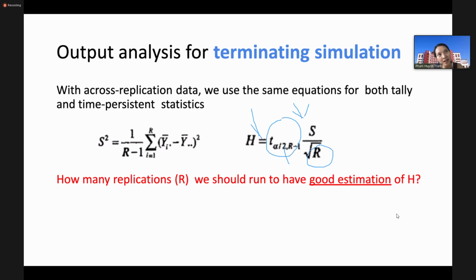Sorry, the t will reduce if you have alpha increase. Okay, so we go back to this.